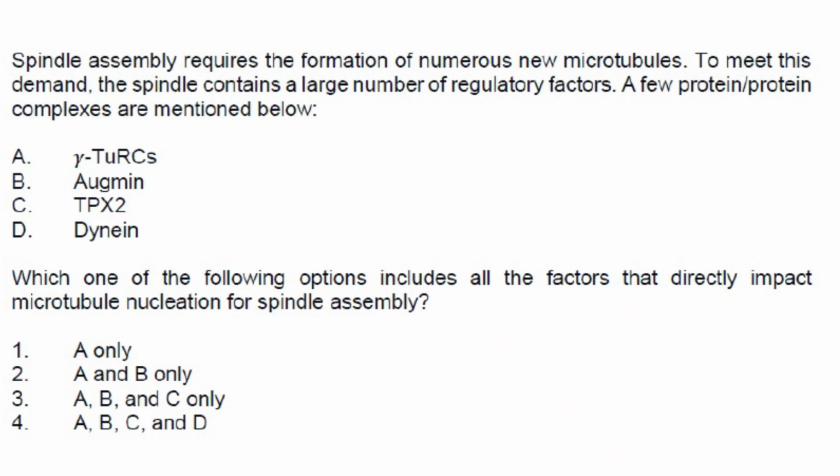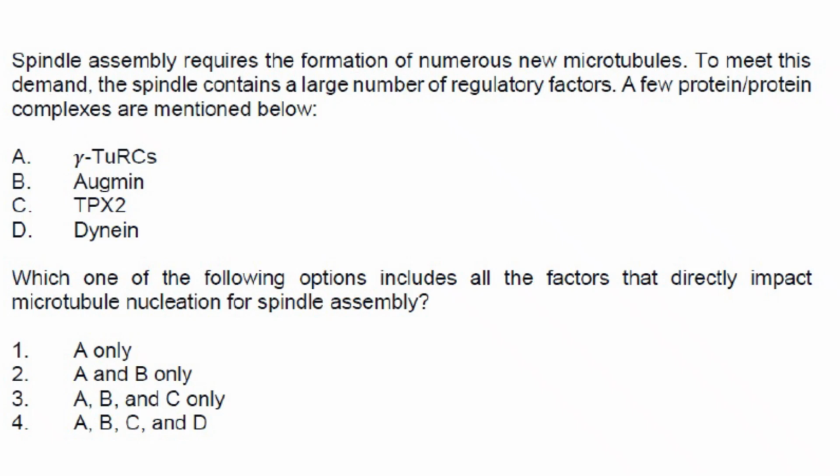Now come to the next question. Spindle assembly requires the formation of numerous new microtubules. To meet this demand, the spindle contains a large number of regulatory factors. A few proteins or protein complexes are mentioned below.